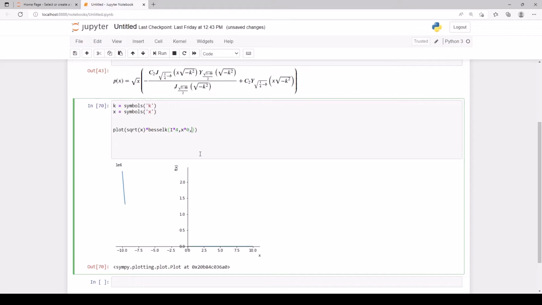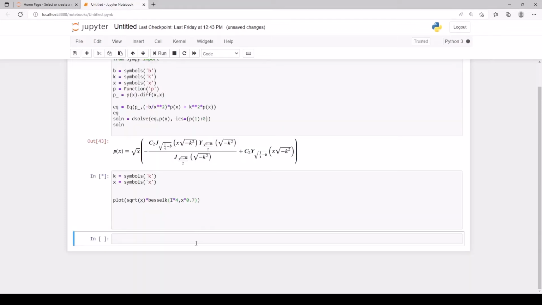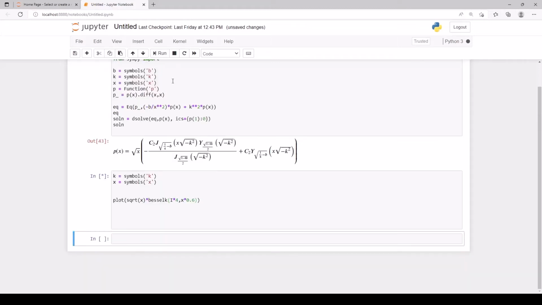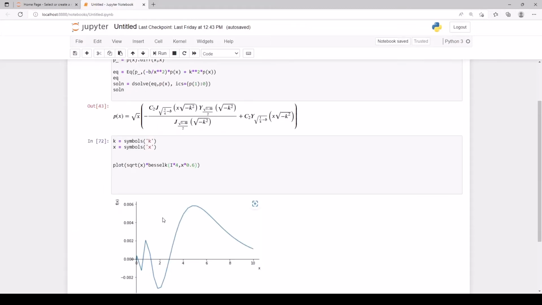So, let's do like 0.7. And it seems like it just went over a little bit, so let's go down to like 0.6. Okay, if I go down to 0.6, it seems to go forward more. So let's do instead like 0.4.